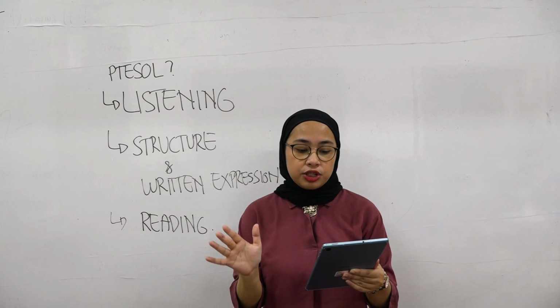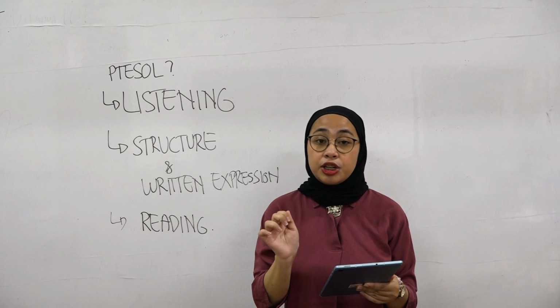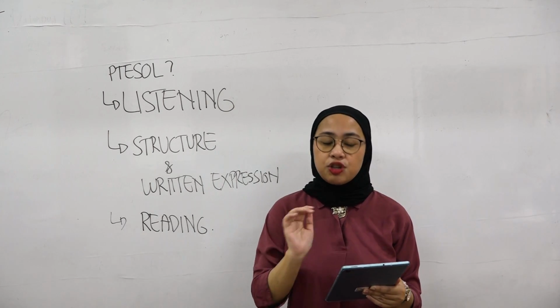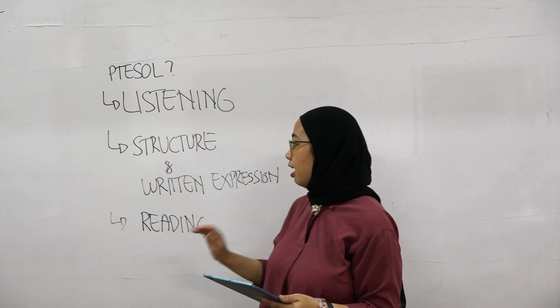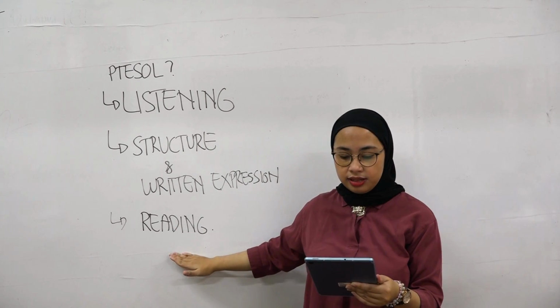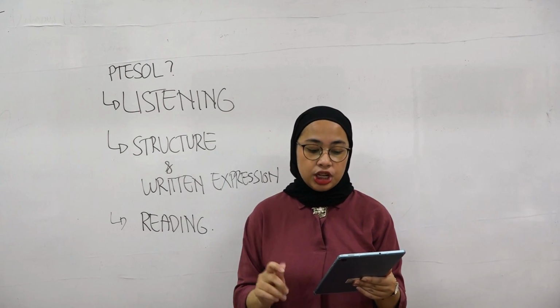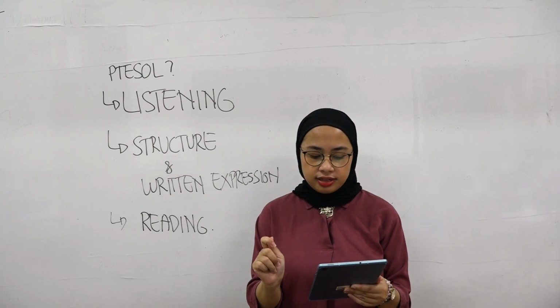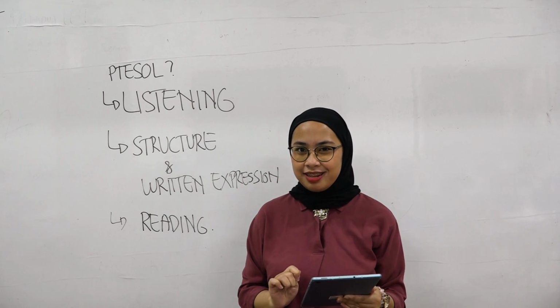This part measures the test taker's ability to understand and determine accurate use of grammar and structure in standard written English. The last one is the reading skill. This part measures the test taker's ability to read and understand English text and vocabulary, especially in the text provided.